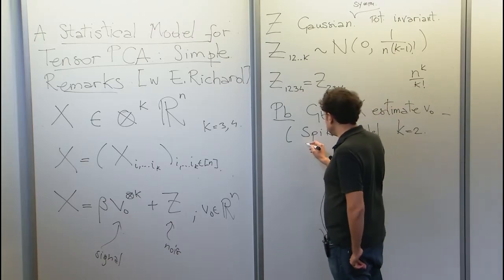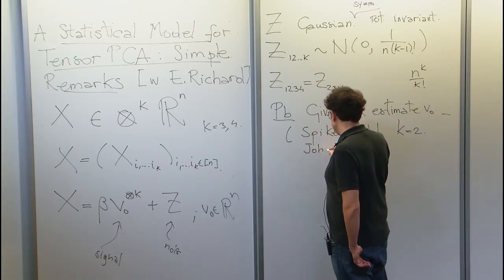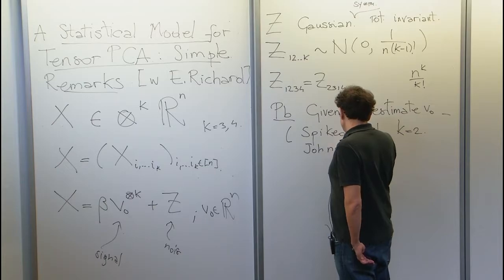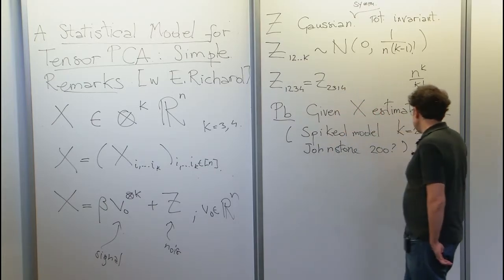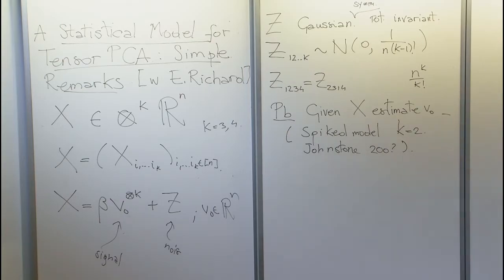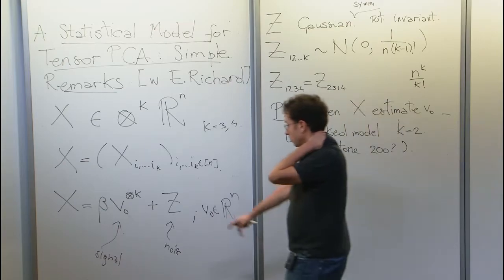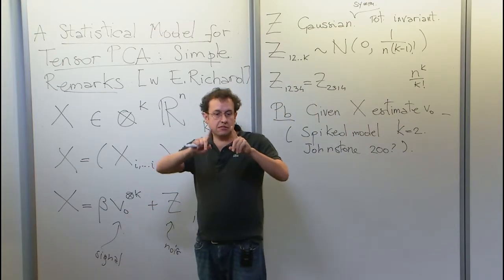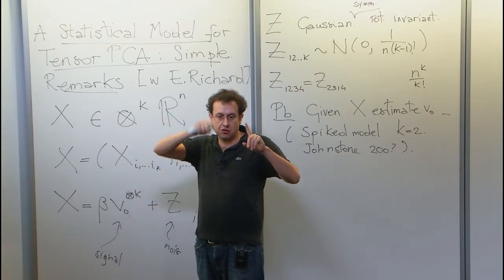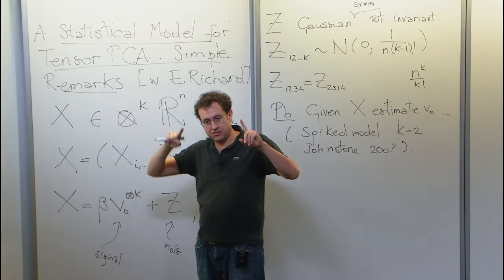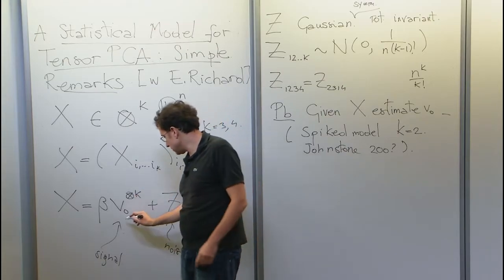And I don't know who is the first one, but perhaps Iain Johnstone, in the early 2000s, studying this kind of model in statistics. Okay, so I want to estimate v0. The signal is also symmetric. So what this means is that it is the tensor of order k whose entry i, j, k, l is v0_i v0_j v0_k v0_l.